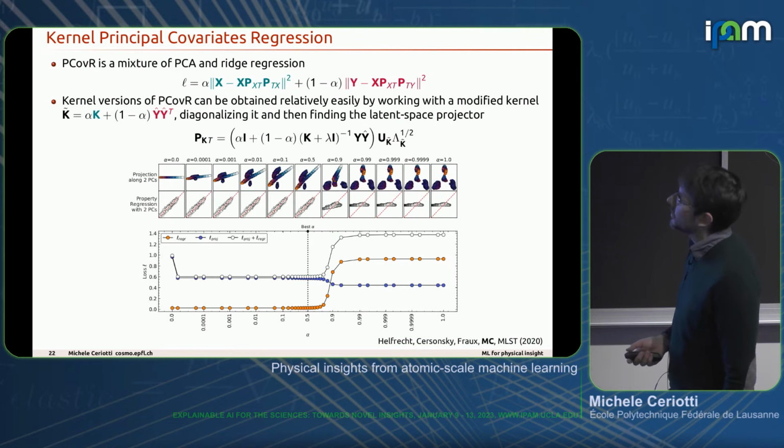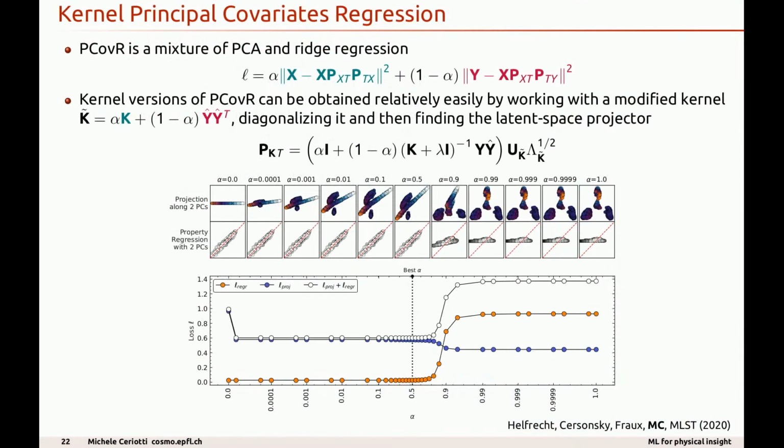So what we did is basically just generalize this to kernel methods, which is relatively simple. And then what you get is a method with a single parameter that allows you to switch from linear regression, because, of course, if you only want to do linear regression, you can actually do that with a one-dimensional projection of your feature space. You project on the normalized weight vector, and then you can do as well as with the full features.